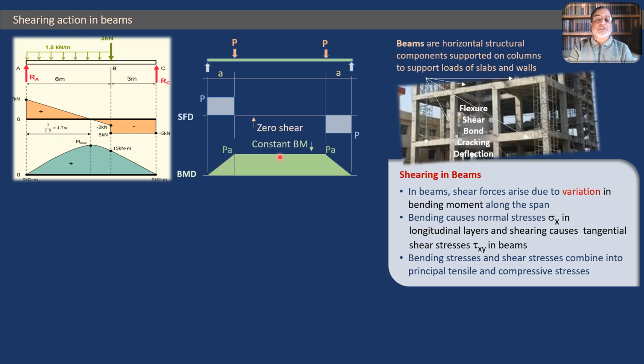Thereafter it is constant, a horizontal straight line, so it is constant bending moment, then again decreasing bending moment. Whenever there is a change in bending moment, we get a shear force diagram. But whenever the bending moment is constant, we do not get any shear force, zero shear.